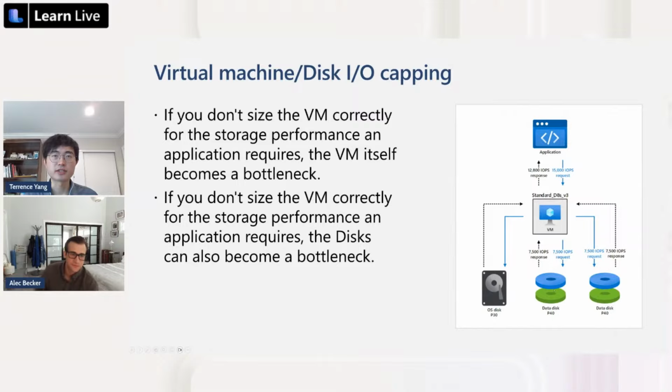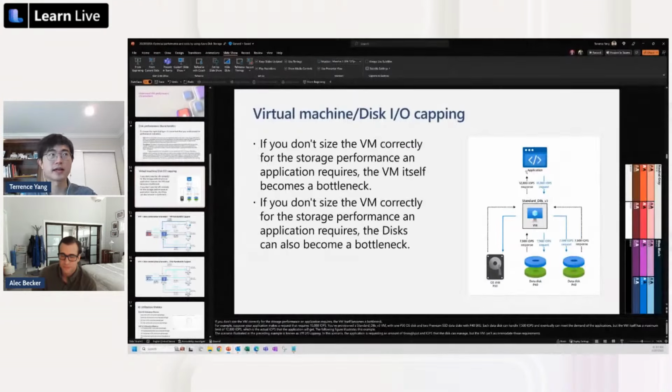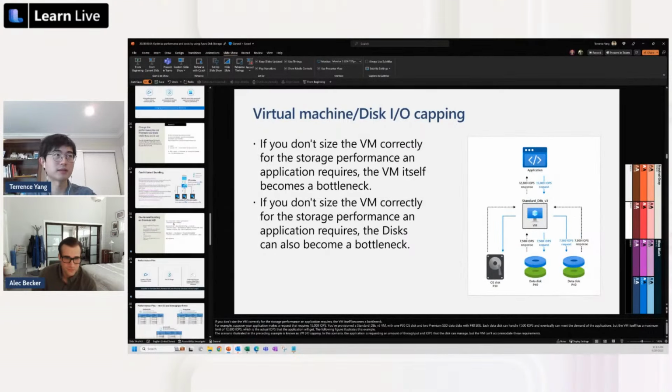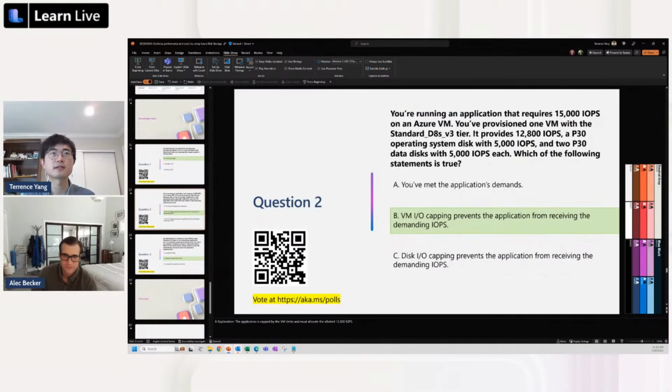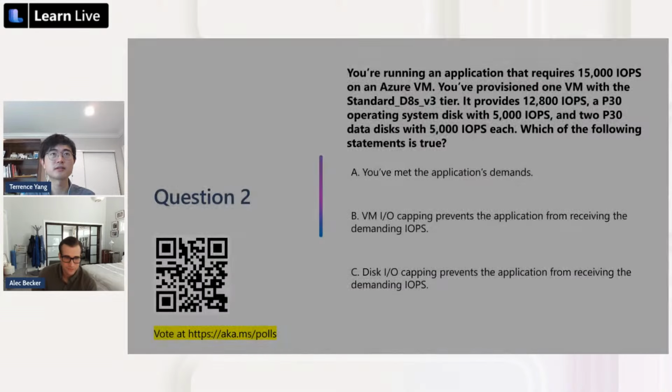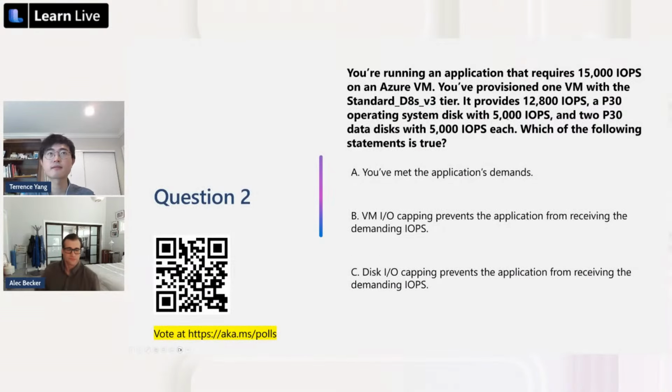Although in the question each of the disks can provide 5,000, adding up to a total of 15,000 IOPS, the VM is a bottleneck that can only respond at 12,800. So in that question, the VM was the bottleneck. Let me go to the slideshow. So the VM only provides 12,800 IOPS.